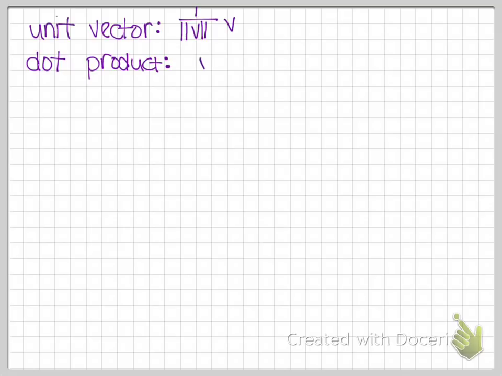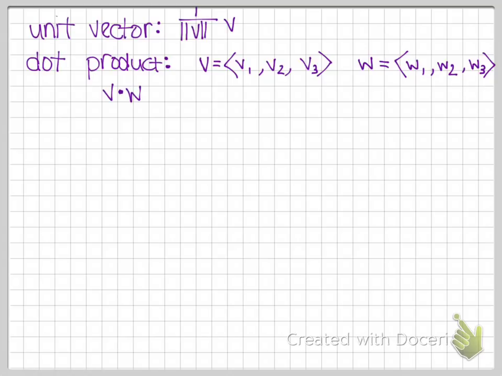Remember, if you had vector v, which is v1, v2, v3, and you have vector w, which is w1, w2, w3, and you wanted to take v dot w, you are going to take v1 times w1 plus v2 times w2, just like you do for the regular dot product, but now you just slap in that third part. So v3 times w3, add that onto the end.